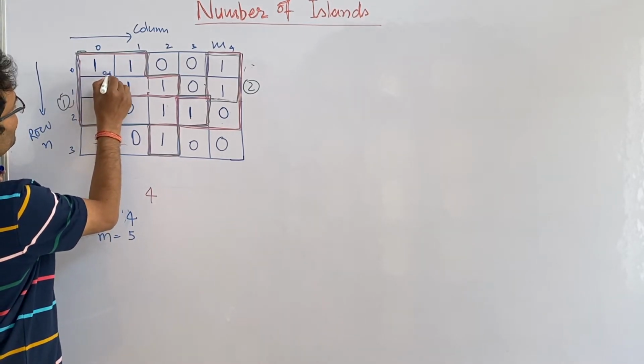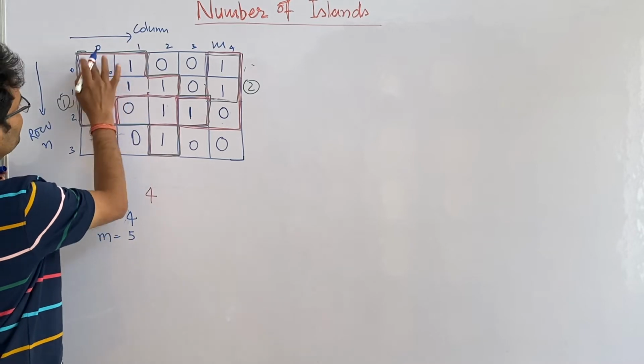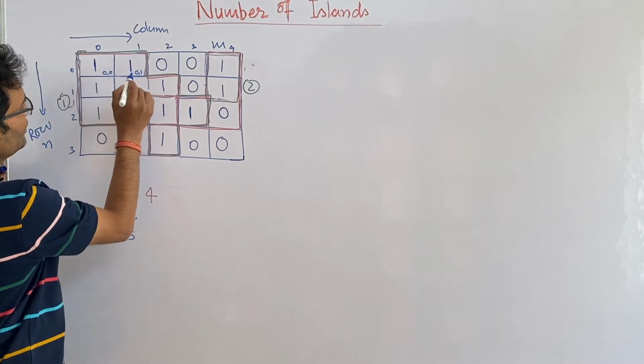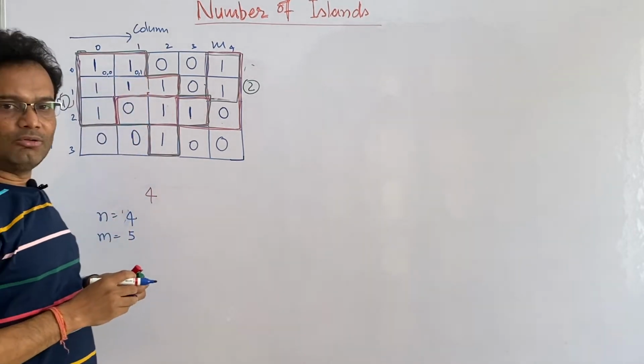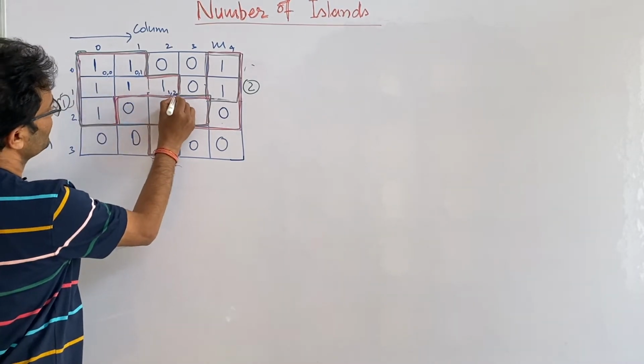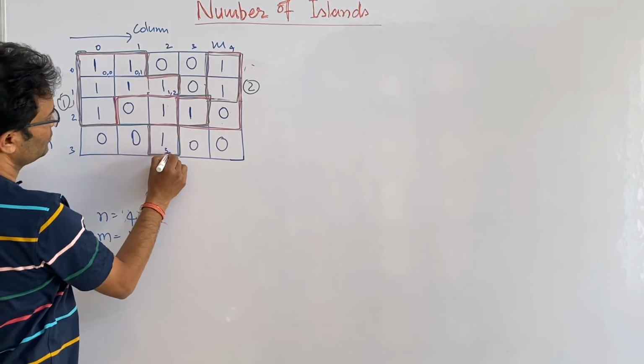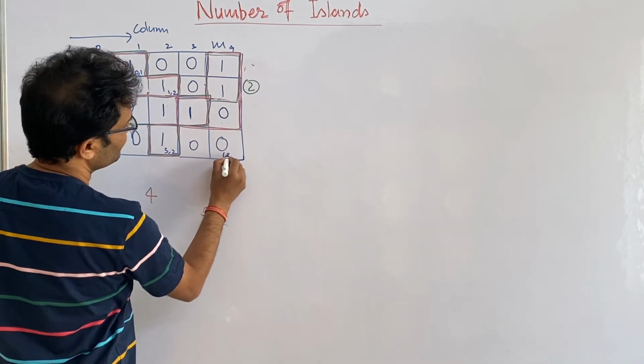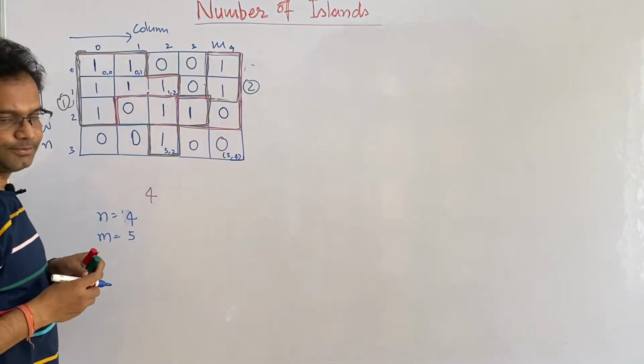So this is 0, 0, and this is 0, 1. We always write the first as the row and second as the column. So this is 1, 2, then 1, 3, and 2, and this is 3, 4, right?